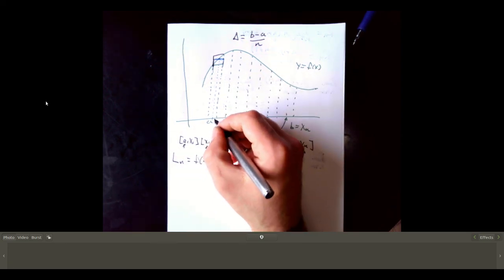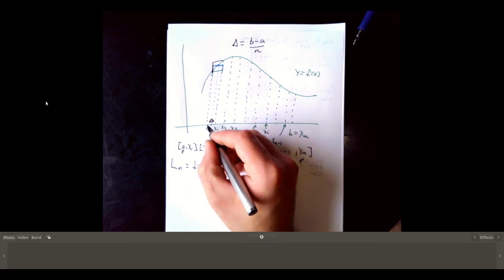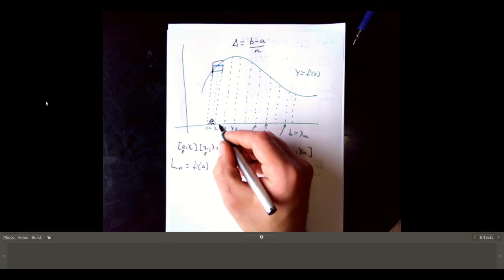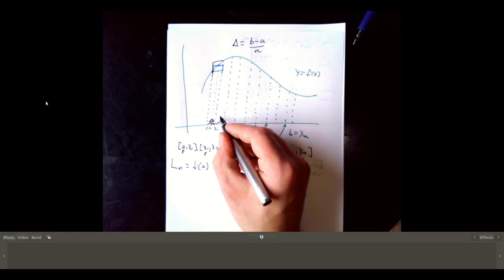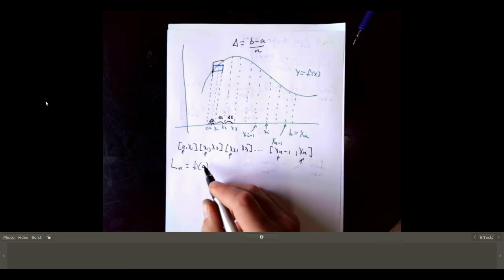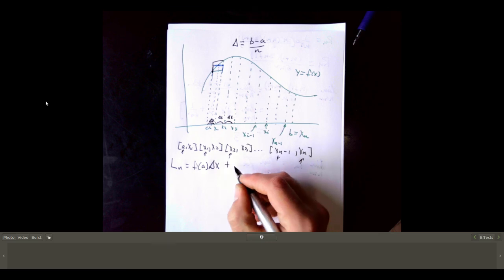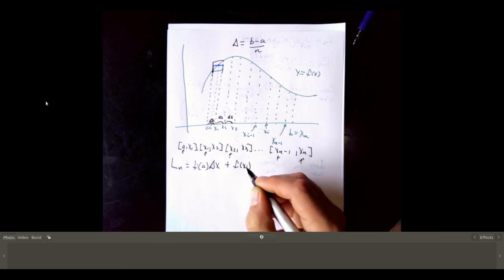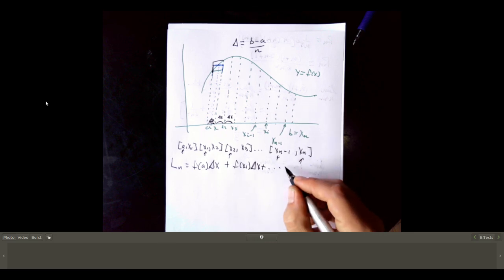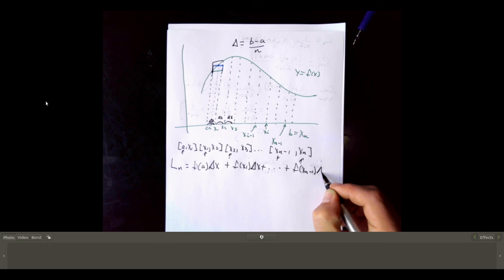And so this delta x is this step going from a to x1. And from x1 to x2 is our delta x. And from x2 to x3 has a width of delta x. So we would get f of a times delta x plus f of x1 times delta x plus f of x sub n minus 1 times delta x.